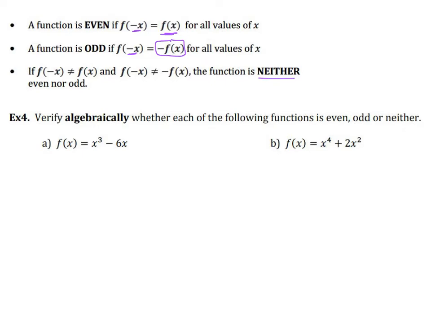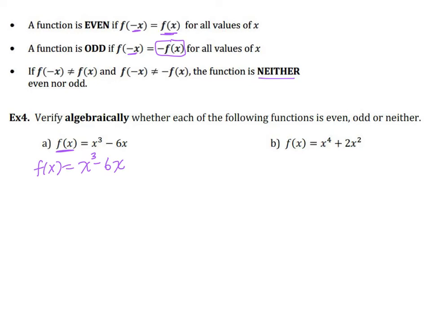Before we do the math, it might be good just to identify. This is the original function: x cubed minus 6x.